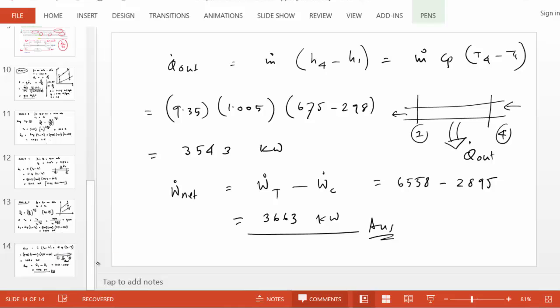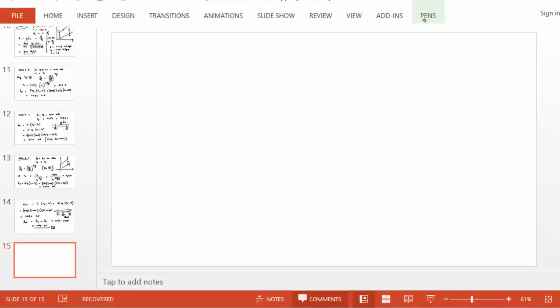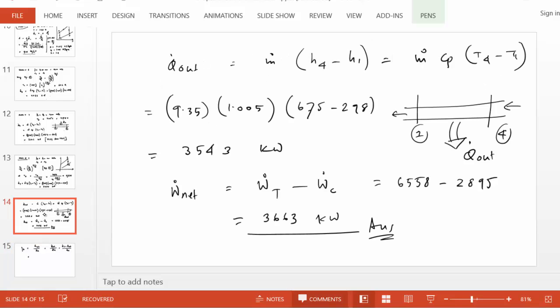Let me create another slide. Probably this is the last slide for this problem. So what is thermal efficiency? If you recall, thermal efficiency is W dot net by Q dot in. W dot net and Q dot net are the same in any cycle like this, and Q dot net is Q dot in minus Q dot out. You can use any of these formulas, but in this case we already know W dot net, which we just calculated: 3663.